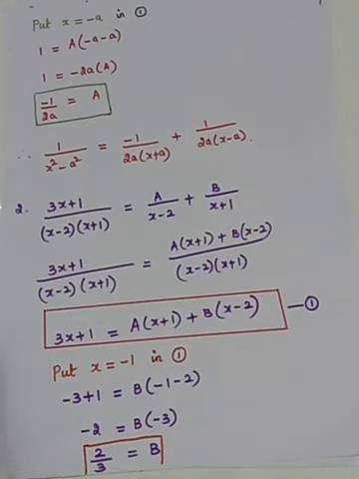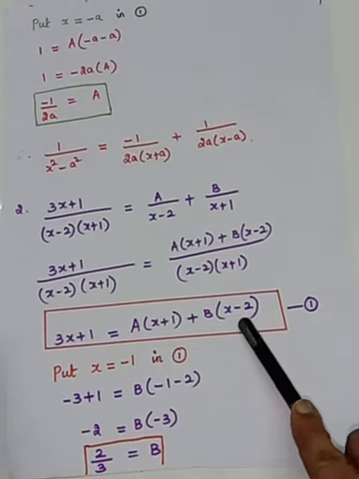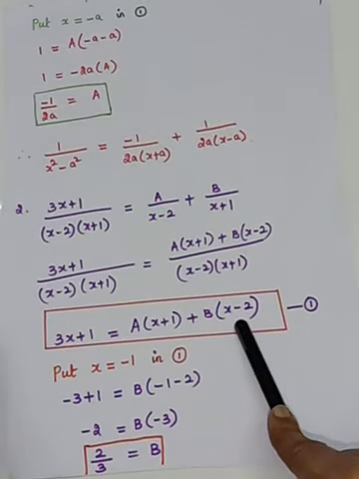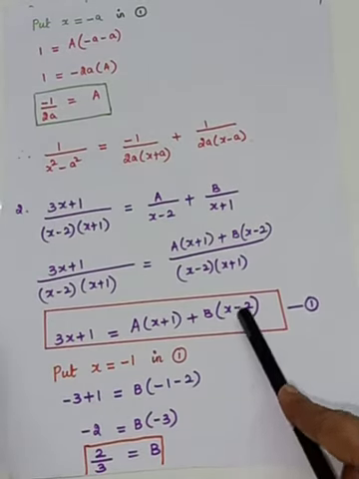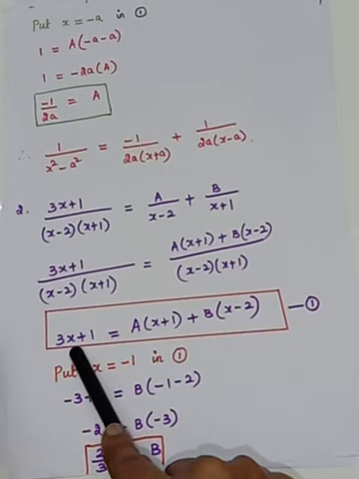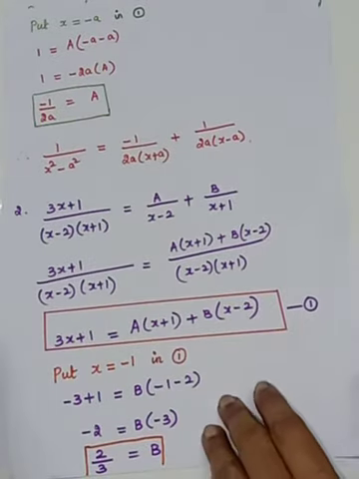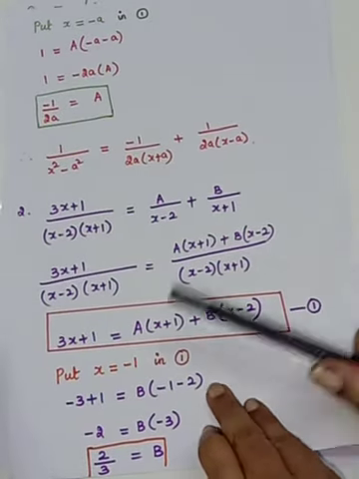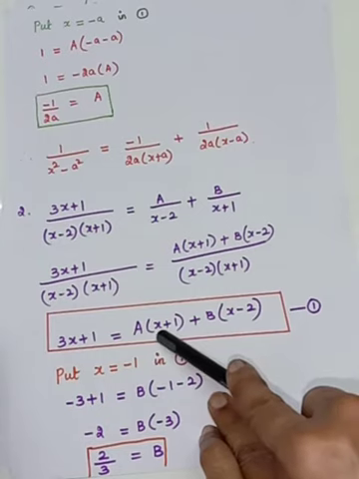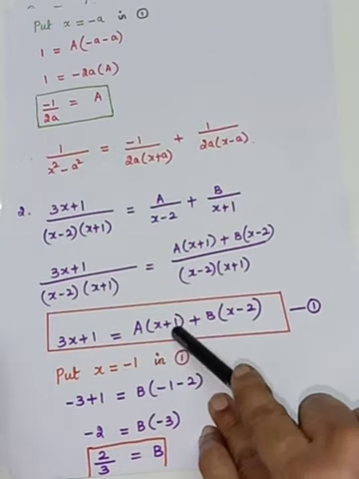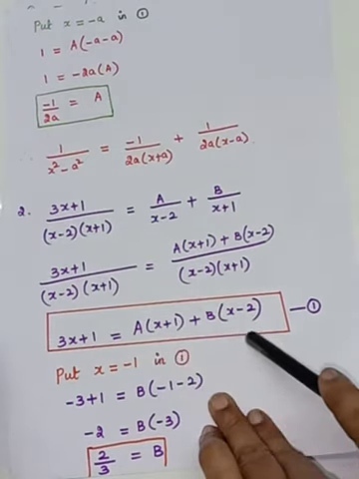So what's the next step? Look at this linear factor. What do you have to substitute for x? x is equal to 2. So when you substitute x is equal to 2, in the left side also you have to substitute. So 3 into 2 is what? 6. 6 plus 1 is 7. But 7 is equal to, here when you substitute x is equal to 2, 2 plus 1, 3a. This term will become 0.